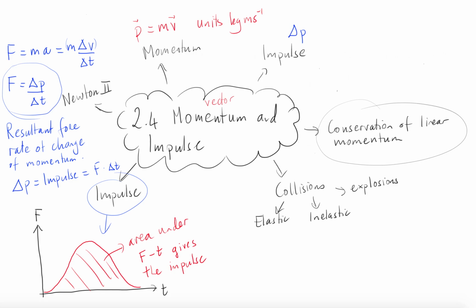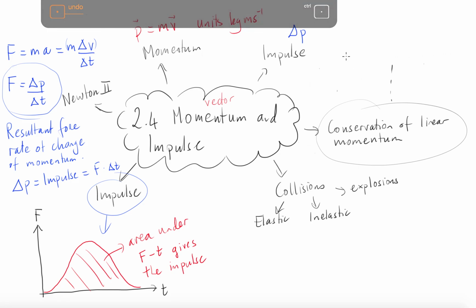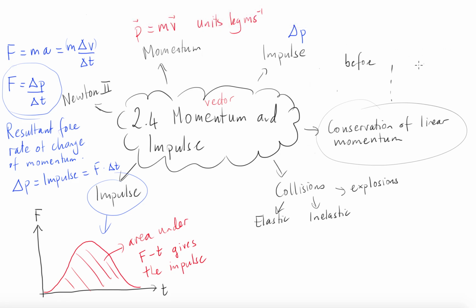Basically, in all situations, if we have a before and an after, and we add up the momentum before and the momentum after, we find that the momentum before equals the momentum after. This is the conservation of linear momentum.